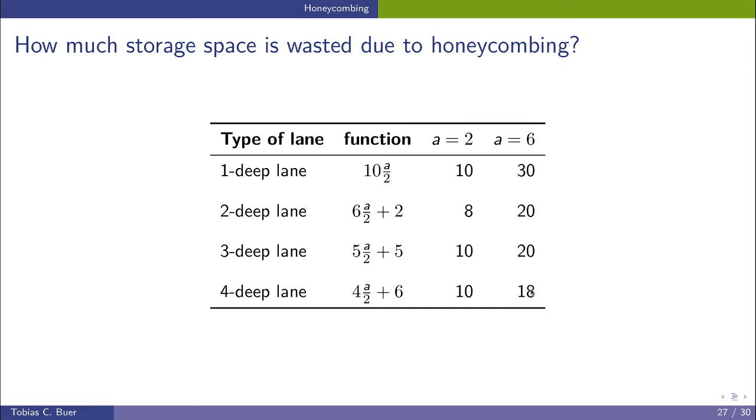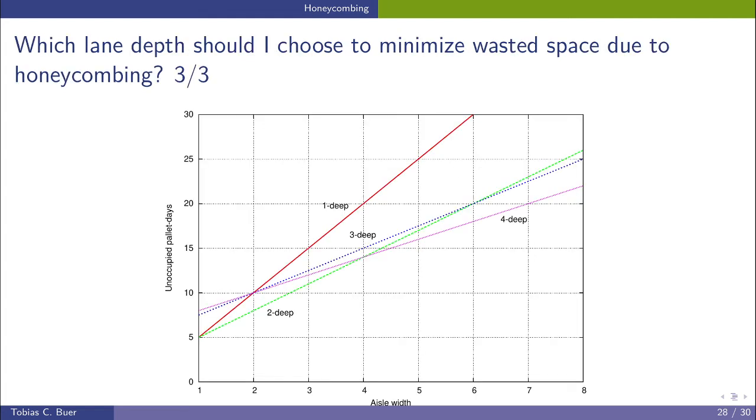Okay, now I have for each function 2 values, and I can draw the straight lines, and the result looks something like this. On the x-axis we have the different values of A reflecting the aisle width, and on the y-axis we have the unoccupied pallet days.